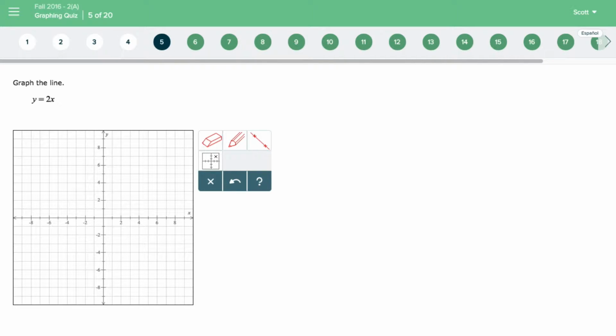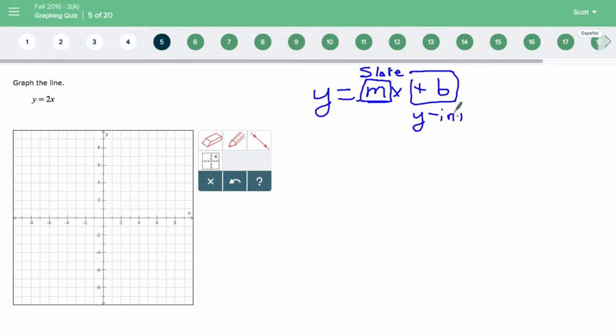Number 5, graph the line y equals 2x. Now, to graph a line, we want it in y equals mx plus b, where the m is my slope, and the b is my y-intercept.